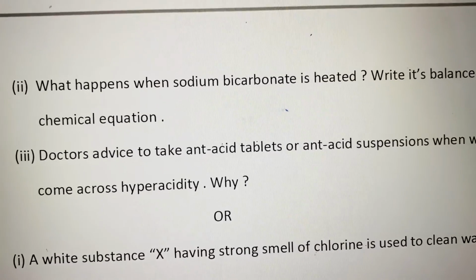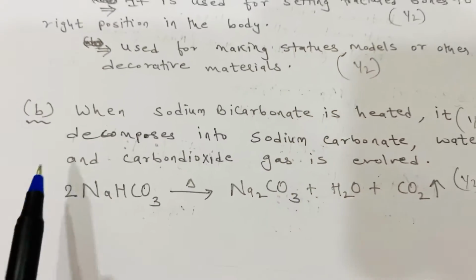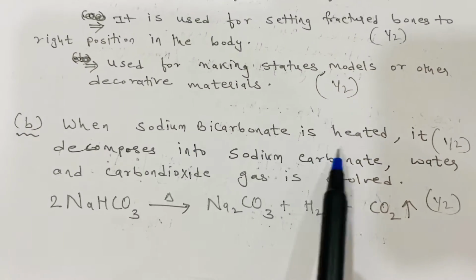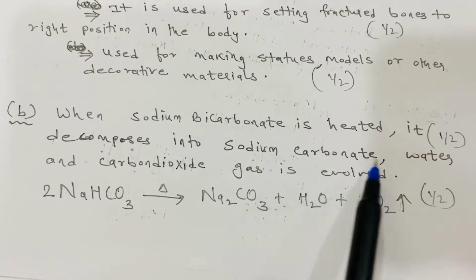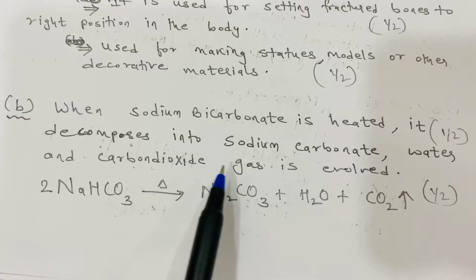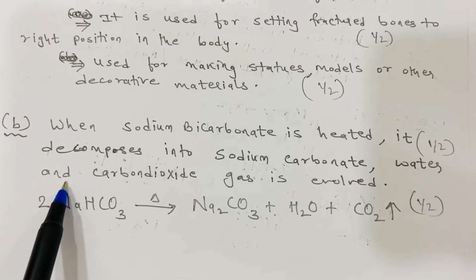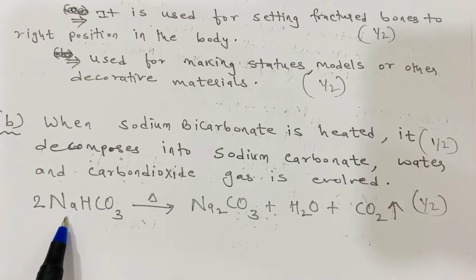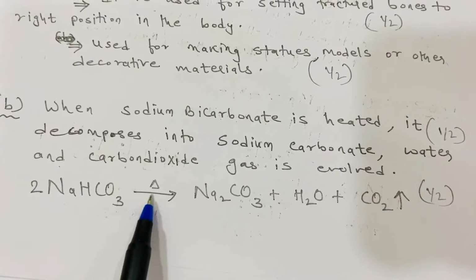So what is the balanced chemical reaction for this? It is written here that when sodium bicarbonate is heated, it decomposes into sodium carbonate, water and carbon dioxide gas is evolved. So this type of answer should be written. And then the balanced chemical equation is 2NaHCO3, when heated.